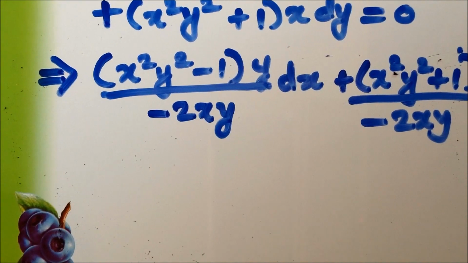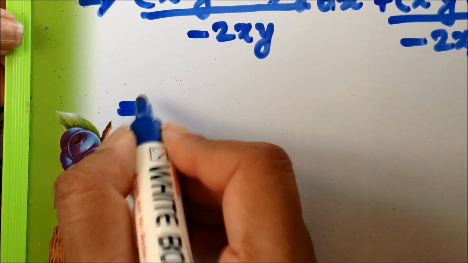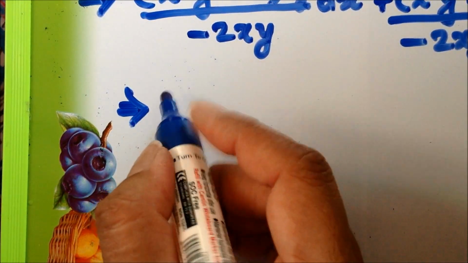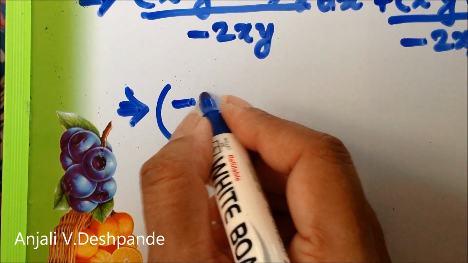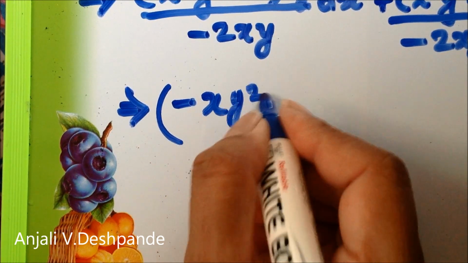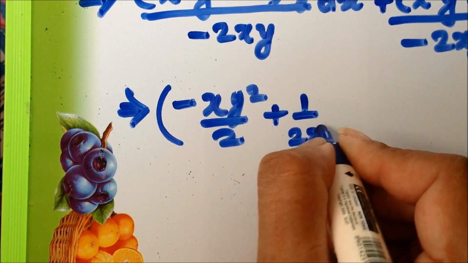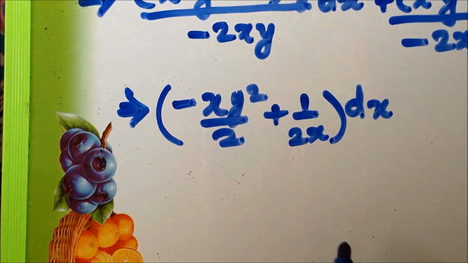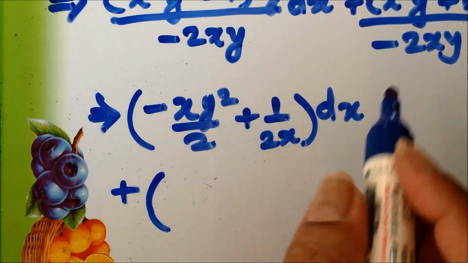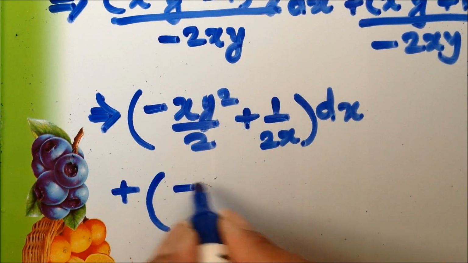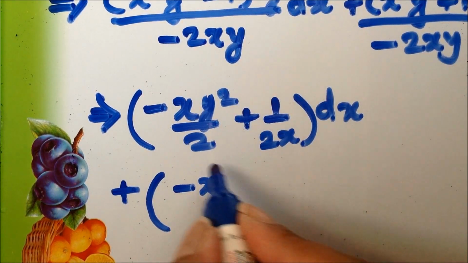So our equation is now going to be written as, into bracket, minus x y square divided by 2, by cancelling out the common terms, plus 1 upon 2x dx, and again the same procedure for the next term, cancelling out the common terms, minus x square.